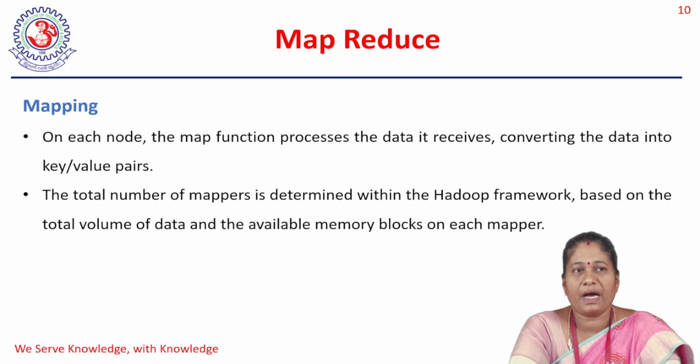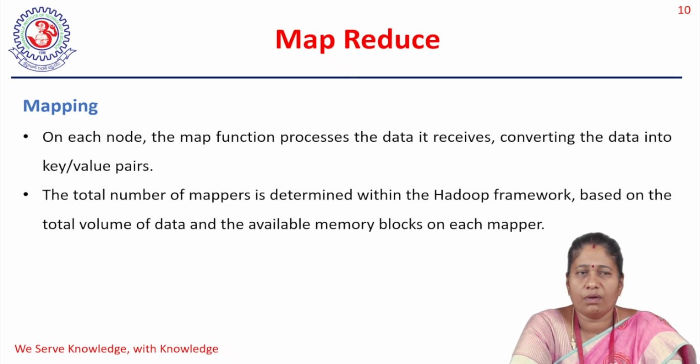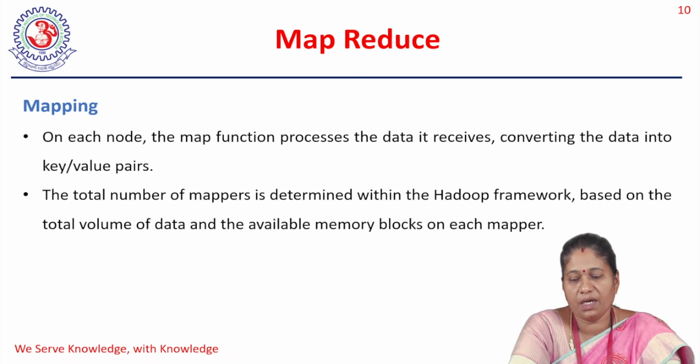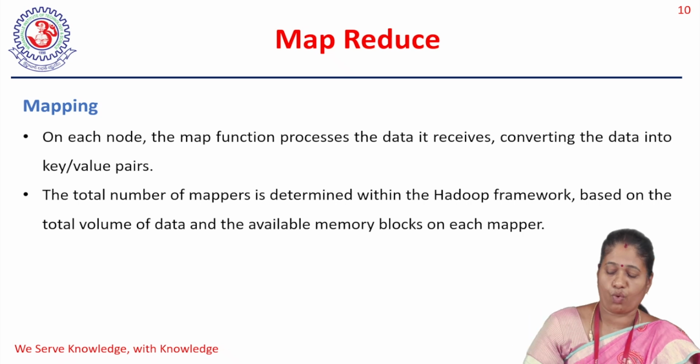Likewise, we map how many rivers there are, what the value of that is, how many deer there are, how many bears there are. Likewise, we need to map the index value. All this work will be done within the Hadoop framework only. Based on your total data volume, each mapper will be executed for this concept.